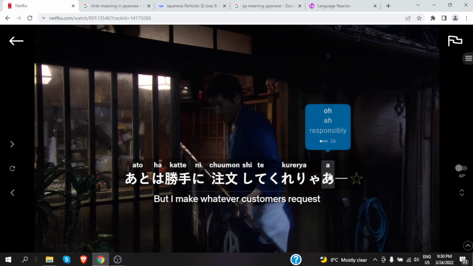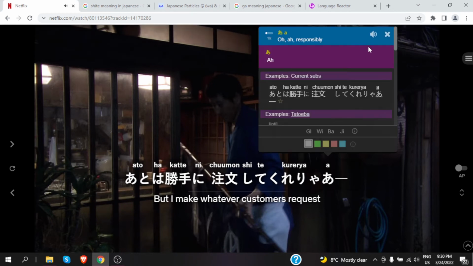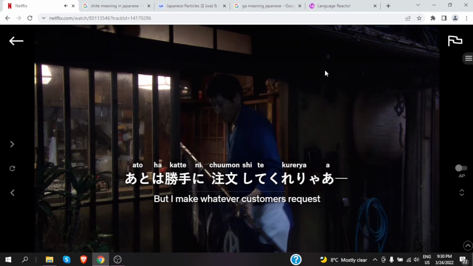Okay, now there are a bunch of things. I think it's like we say in English, a what do you call it? Some like a pause. Ato wa kate ni chumon shite. Kureria is what?